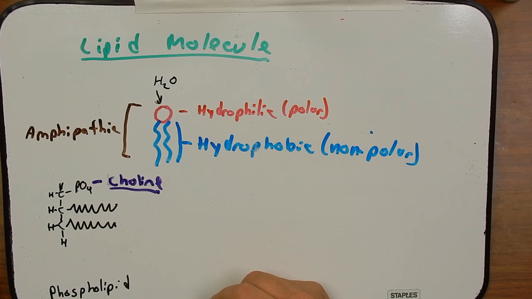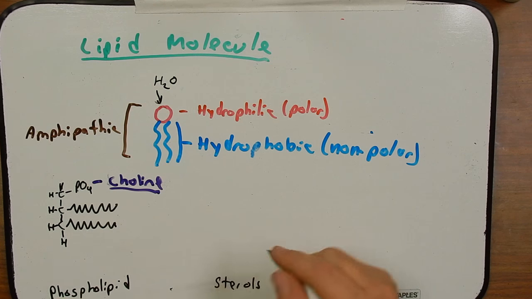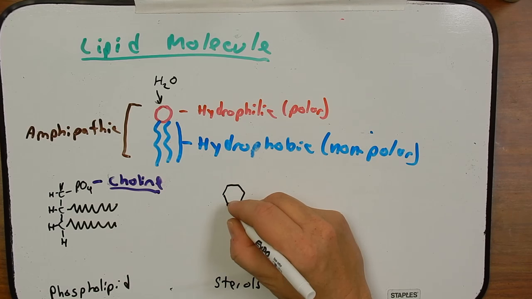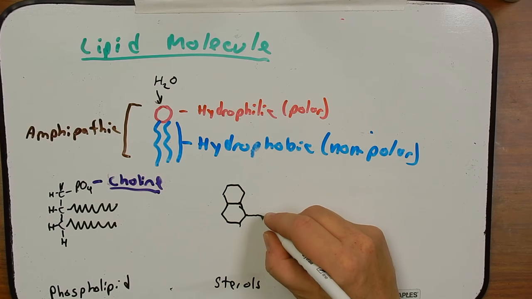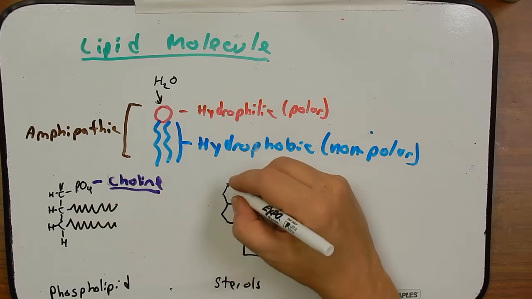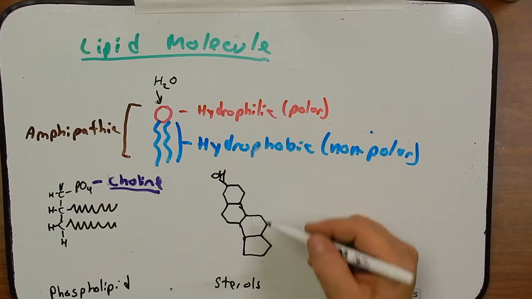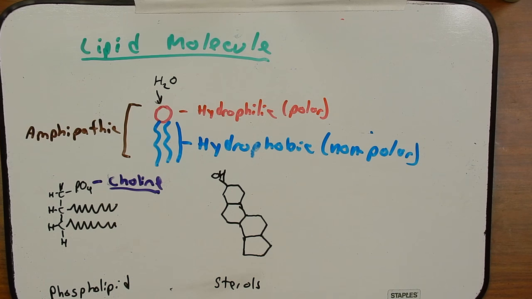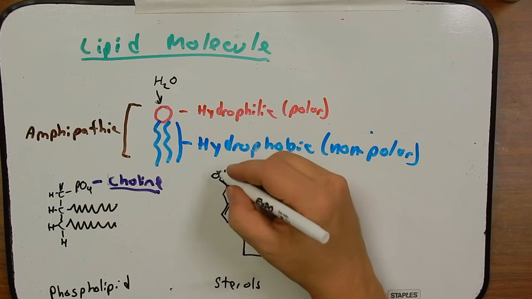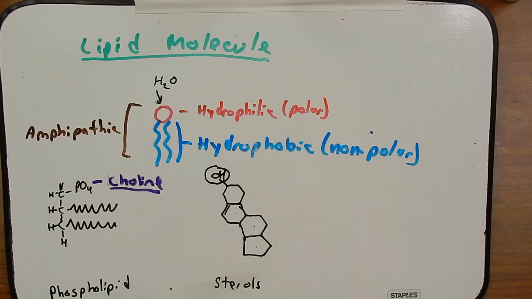The next type of lipid molecule I want to talk about are sterols. They will have this basic 4-ring structure as I've drawn here. You'll notice a few features. One is the sterols all have these 4 rings, and they will all have this hydroxyl group up here.